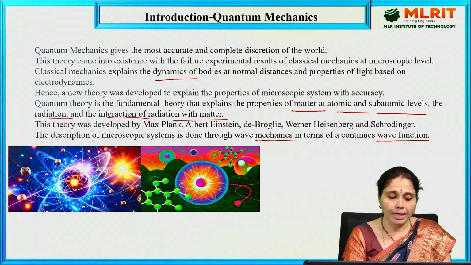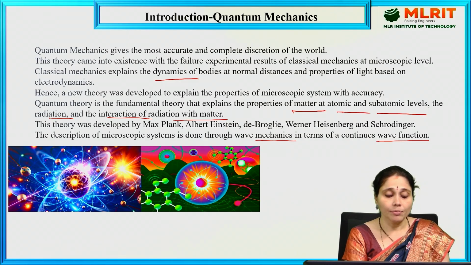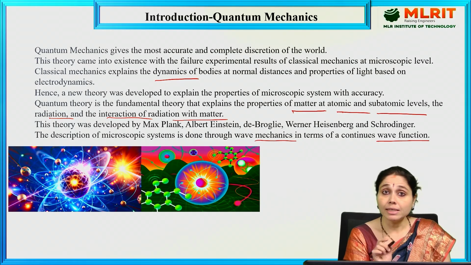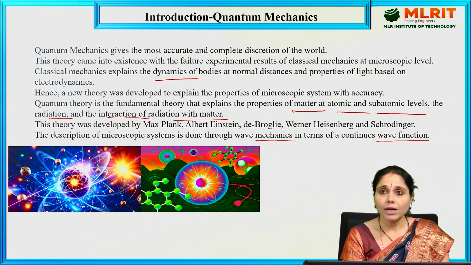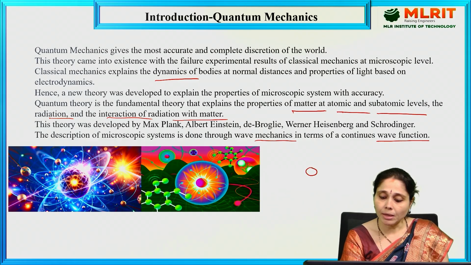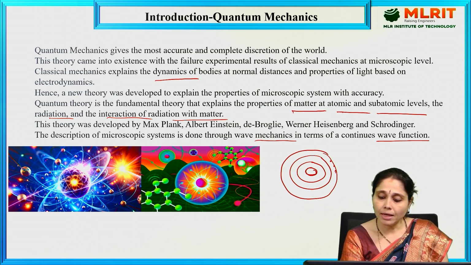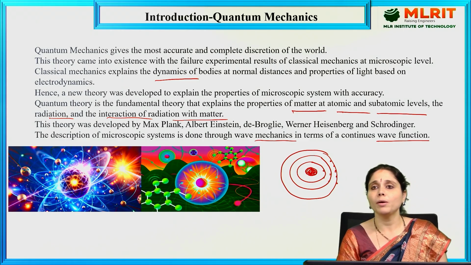What do the diagrams depict? See the diagrams of atomic and subatomic levels. What are atomic and subatomic levels? An atom consists of a nucleus, and around the nucleus there are several orbitals where the electrons are arranged in particular orbitals, according to the Aufbau principle.